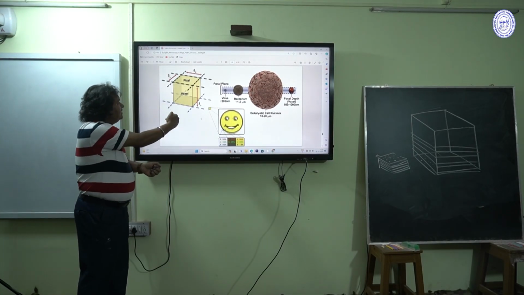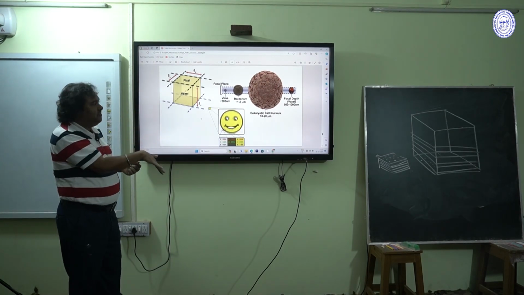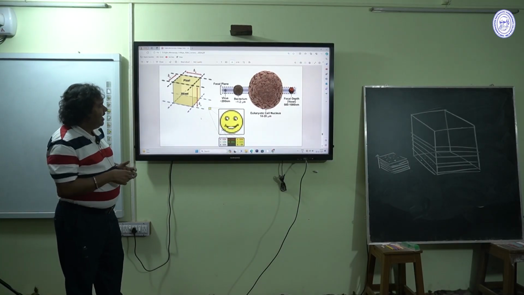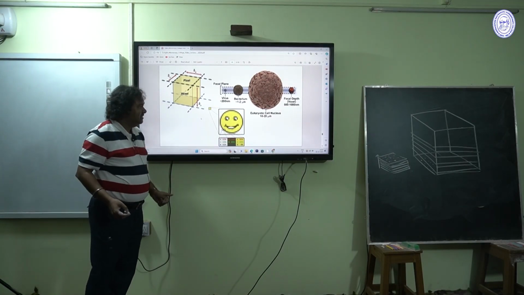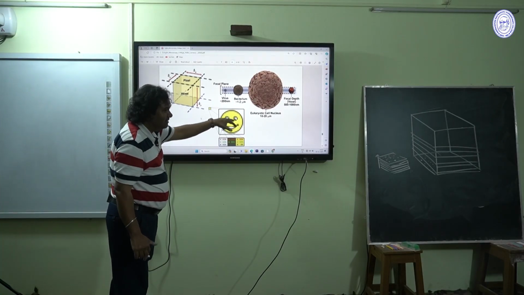If the pixels in the different layers, at least one layer is different from other layers, it will be anisotropic. And this is a typical raster image that is used to explain the pixel.